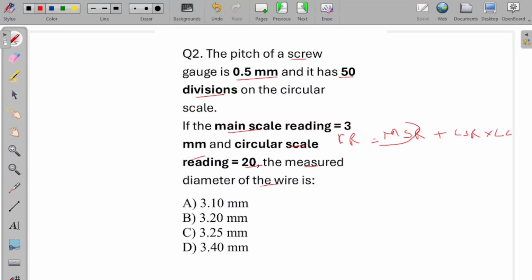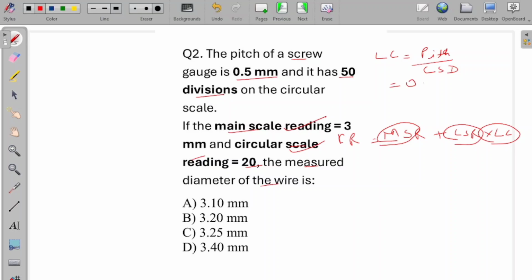So do we have main scale reading? Yes, it is given here. Do we have circular scale reading? Yes, that is also given here. Do we have the least count? We don't. So let's calculate the least count. Least count is equal to pitch upon number of circular scale divisions.